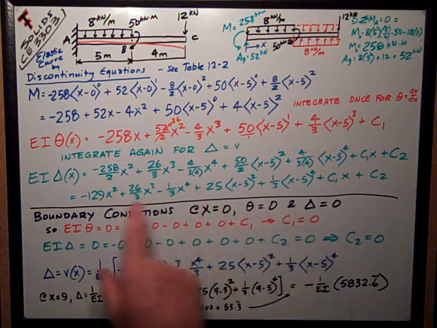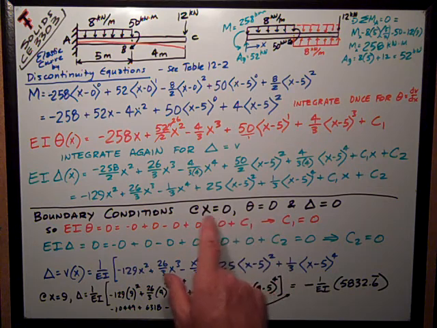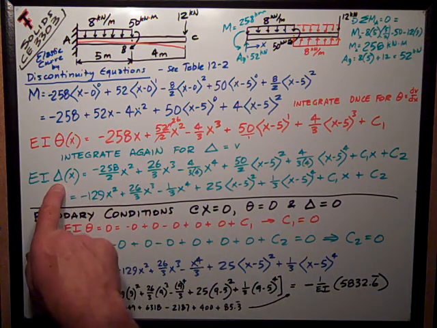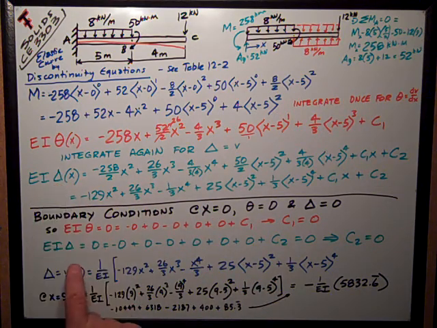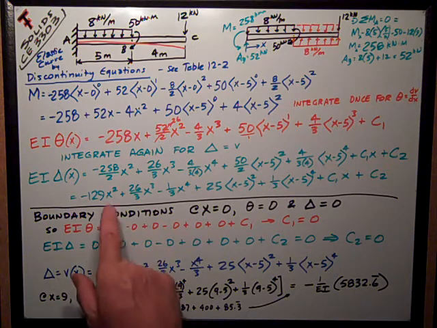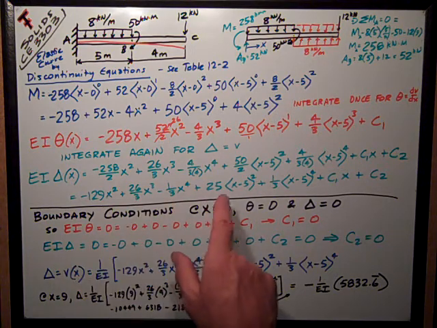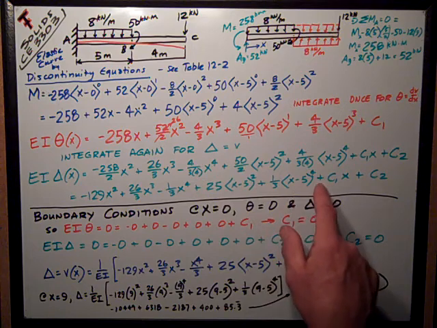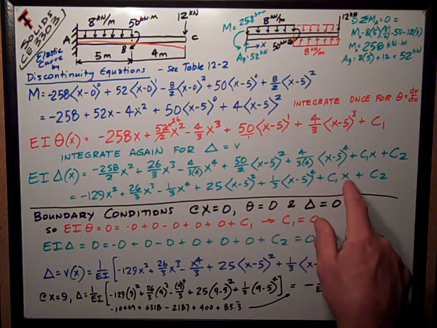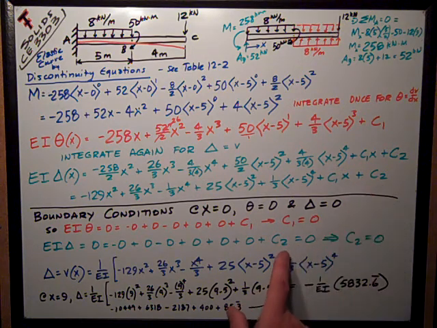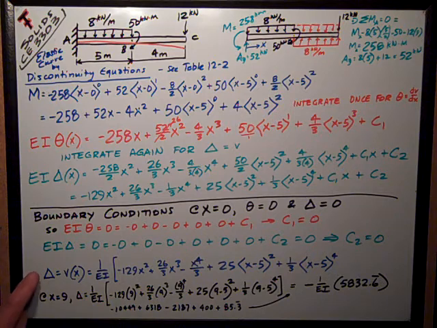Similarly, substitute x is equal to 0 into my elastic curve or my deflection equation, and I get EI delta. Everything goes to 0, 0, 0, 0, 0, plus this is 0, plus C2, so C2 is equal to 0. Therefore, I've pretty quickly gotten to my elastic curve equation.